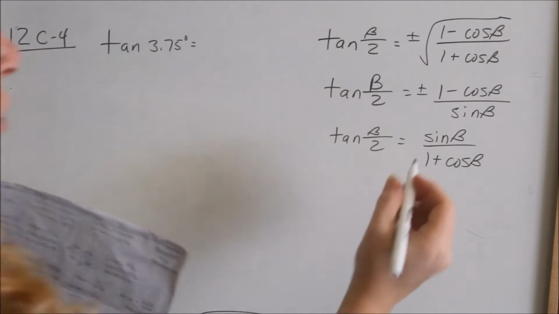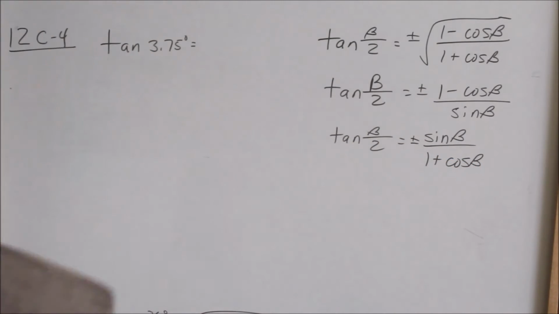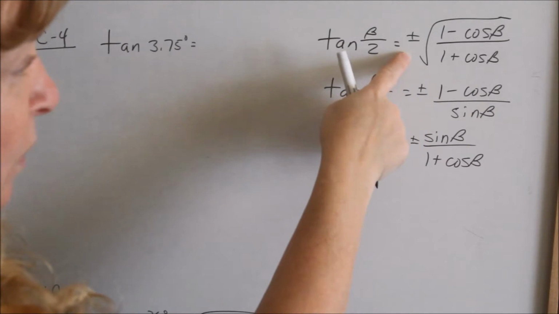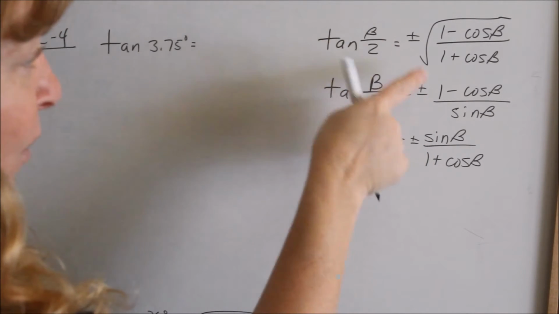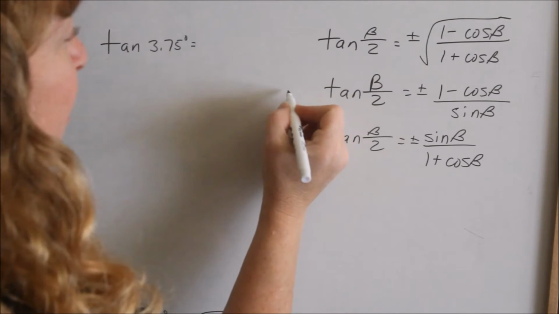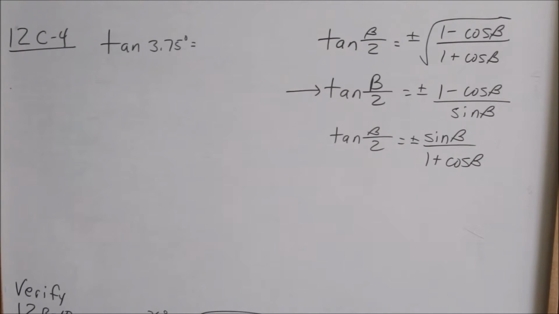Just know that these 2 do not have a radical. This one does, so this one has a radical in it. These 2 formulas don't. So I'm just going to end up using this one.